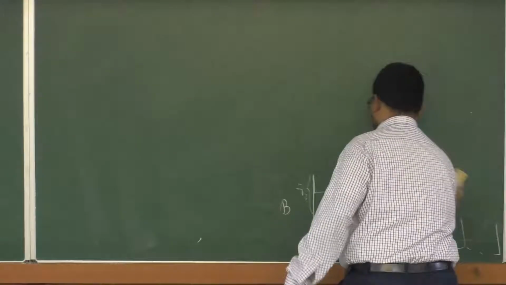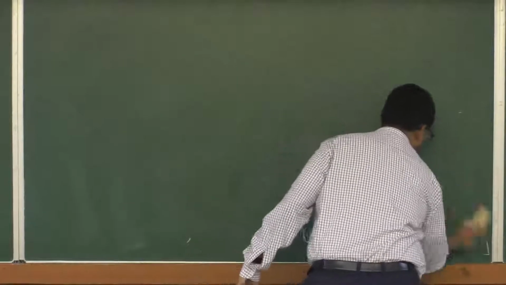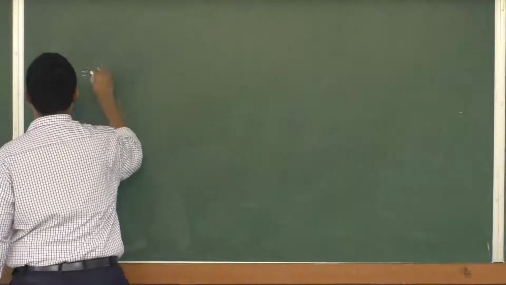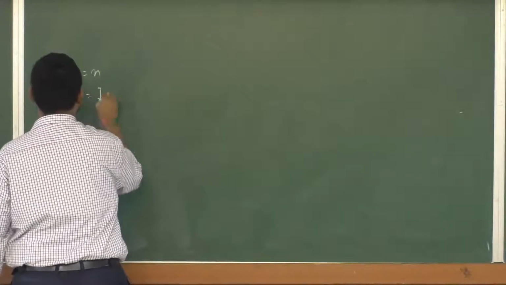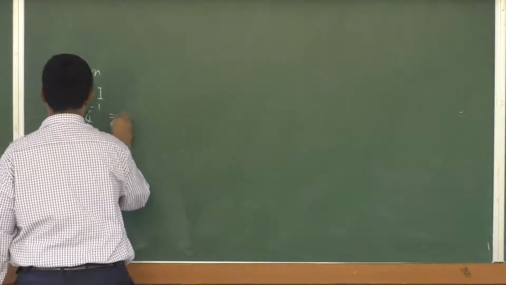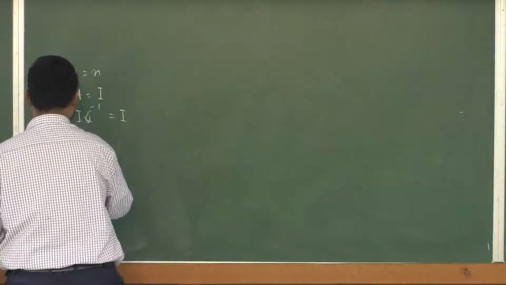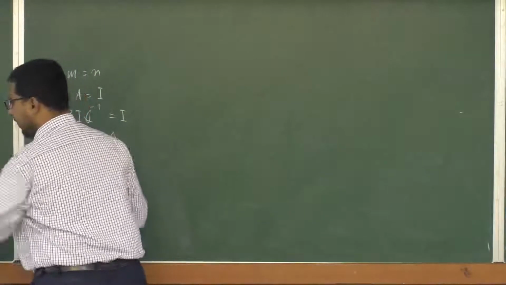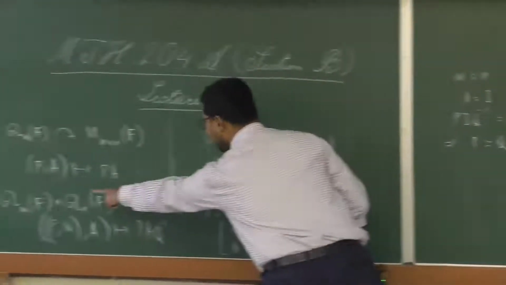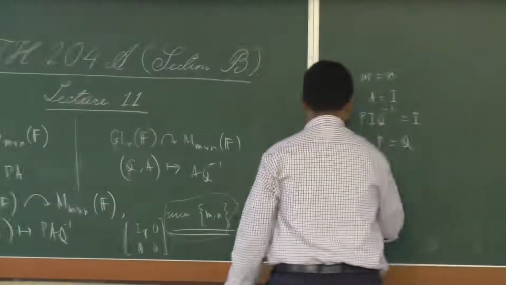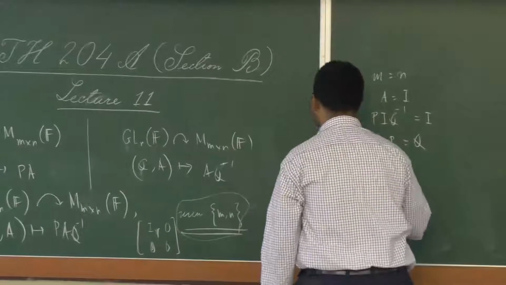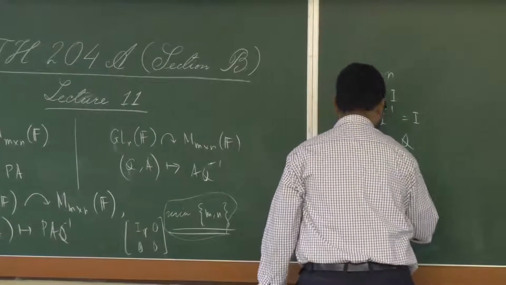So let's take the special case where m equals n, and let's take A equal to identity. Then P identity Q^{-1} is identity. It implies that P is equal to Q. Therefore, under this action the stabilizer of identity is precisely this one.